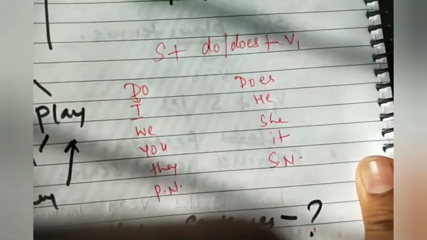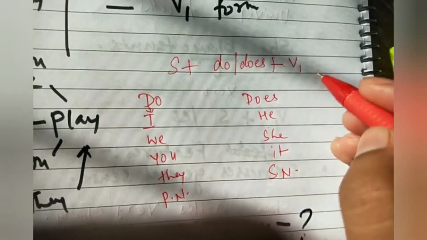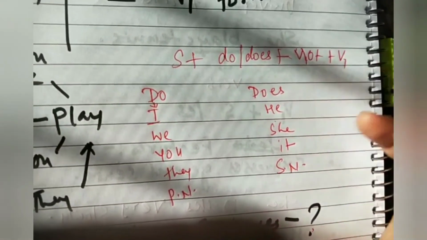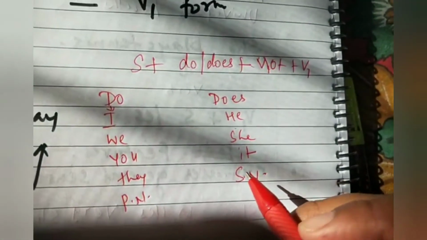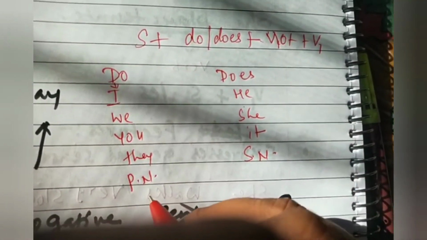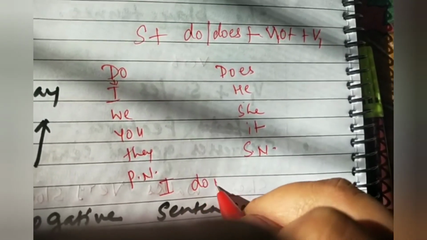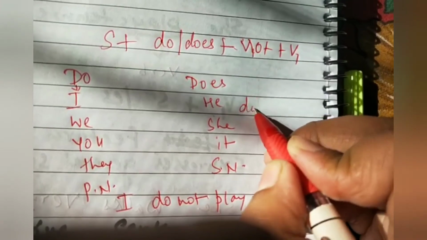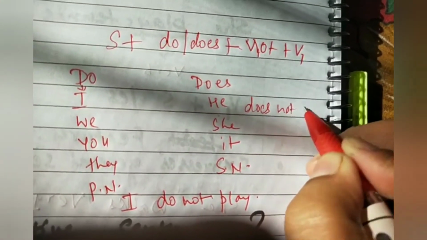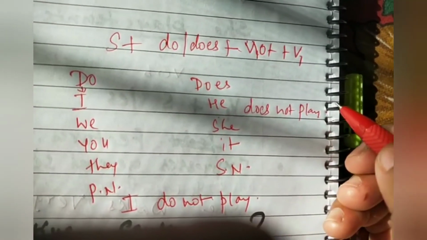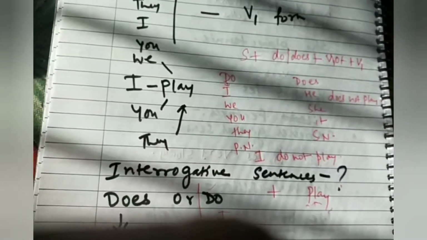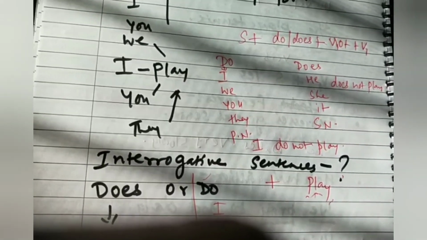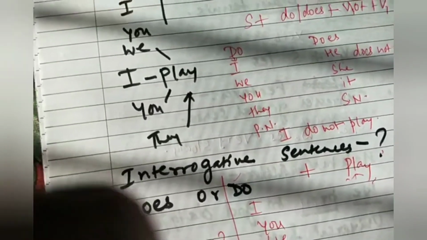So the sentences will be: I do not play. He does not play. Clear? So this is the simple present tense. In our next video, we'll continue with the present continuous tense.